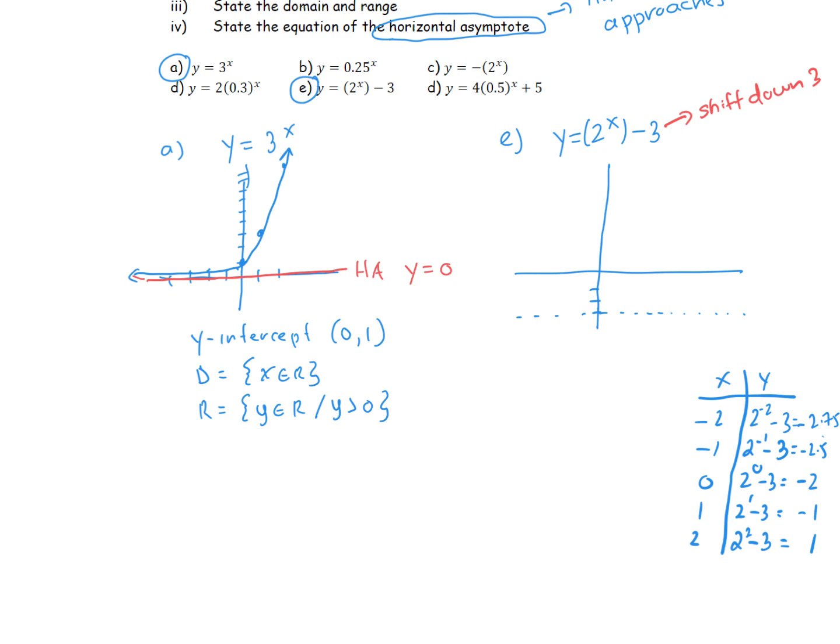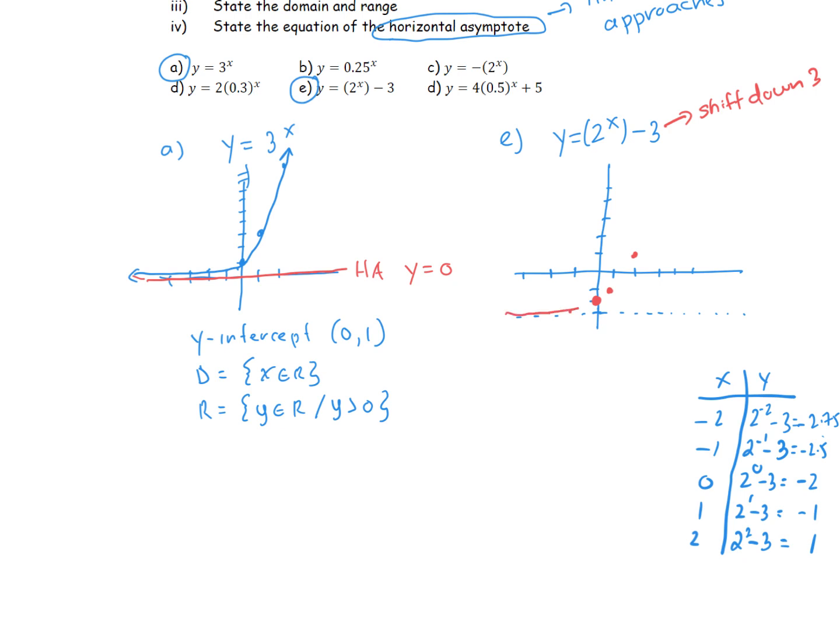So I have 0, negative 2. I have 1, negative 1. I have 2 and 1. I have negative 1 and negative 2.5, and negative 2 and negative 2.75.